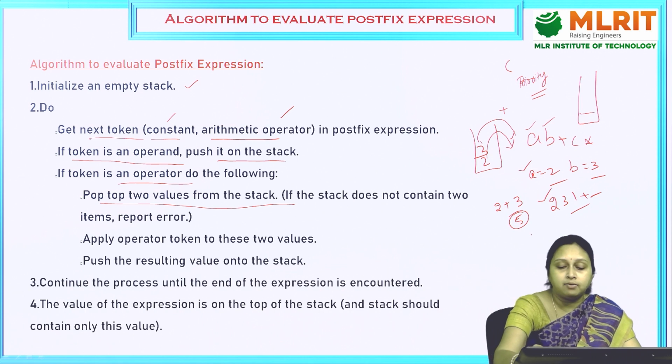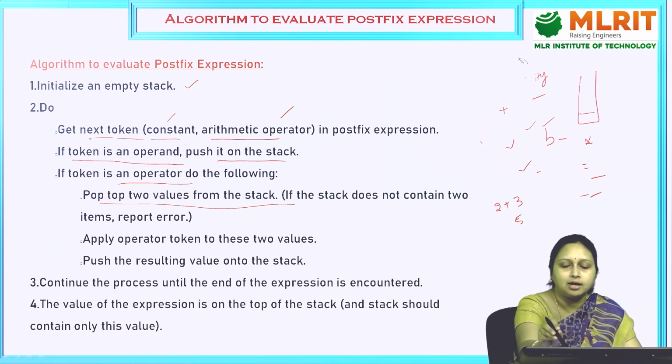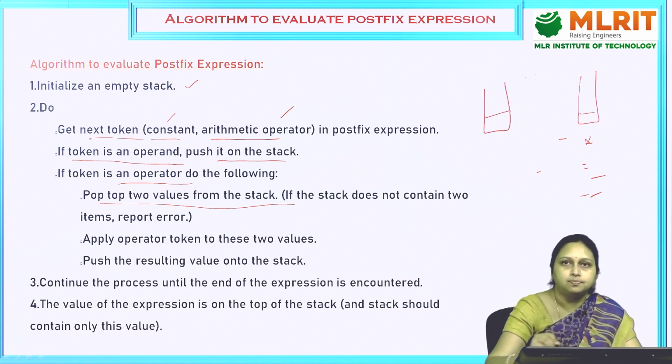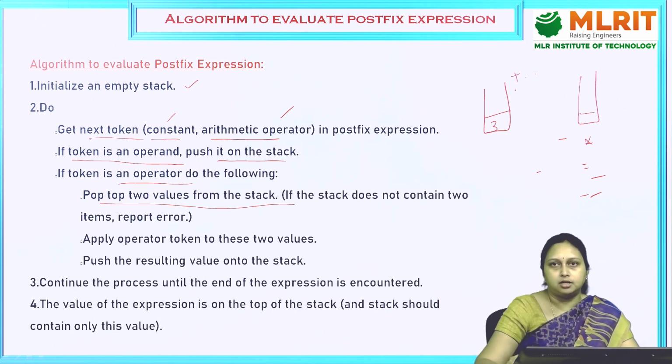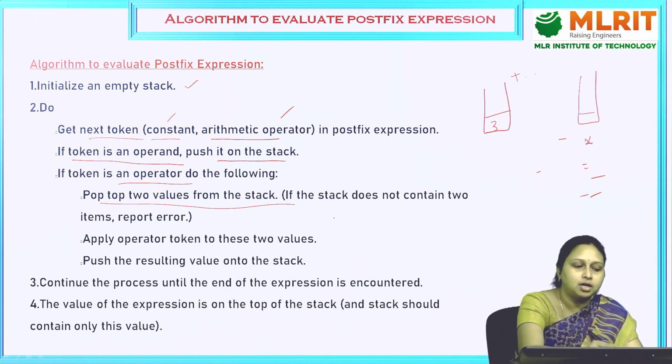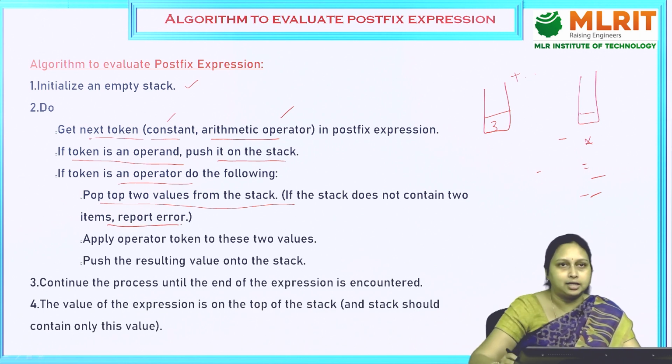If I have only one value in the stack and immediately I get an operator, then in that case, what do we do? Observe. If I have only one value, 3, and immediately I get an operator, I am unable to evaluate. Why? Because I don't have 2 values to perform any operation. In that case, we are going to report an error.